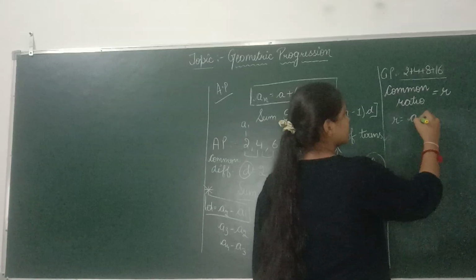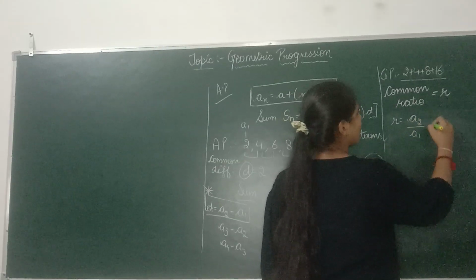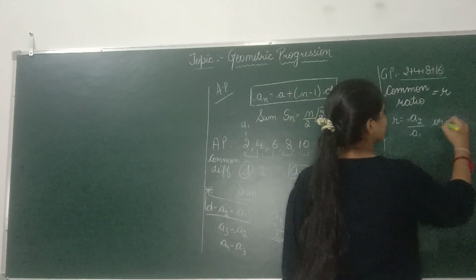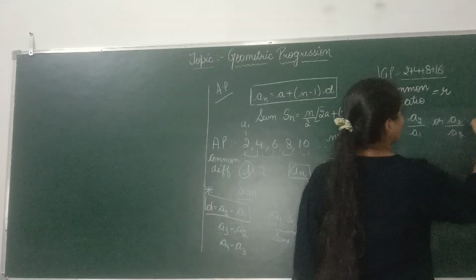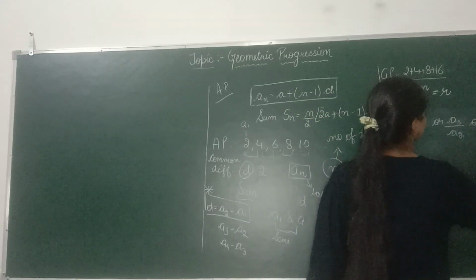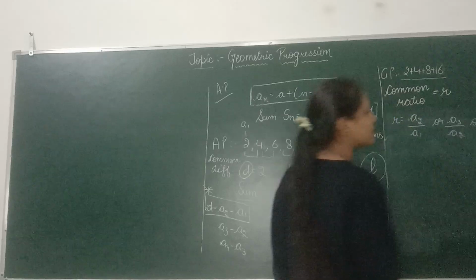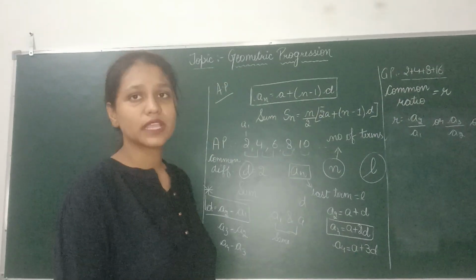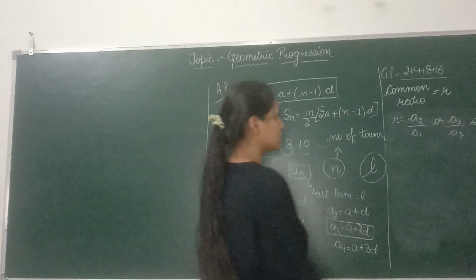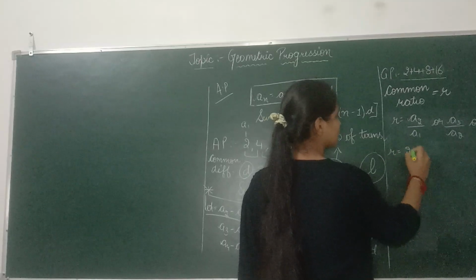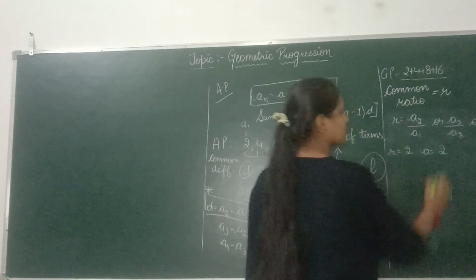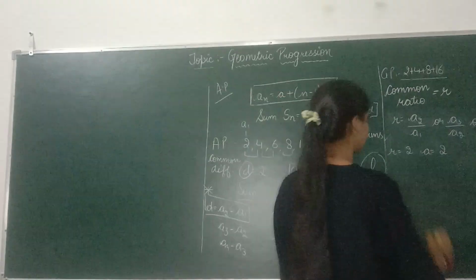You can divide any of the terms: A2 by A1, or A3 by A2, or A4 by A3, to calculate the common ratio. So the common ratio would be 2, and the first term is also 2.